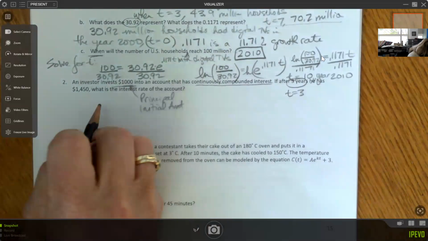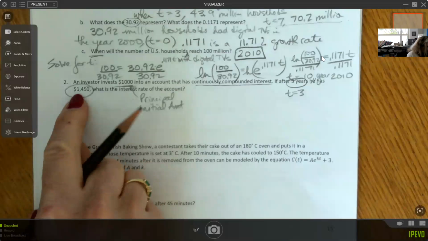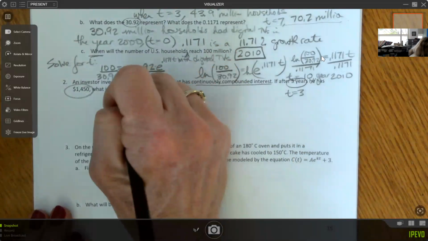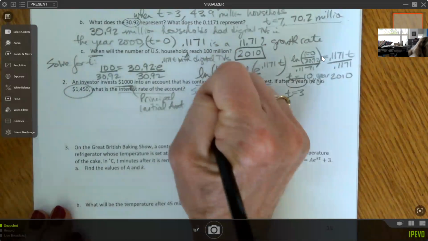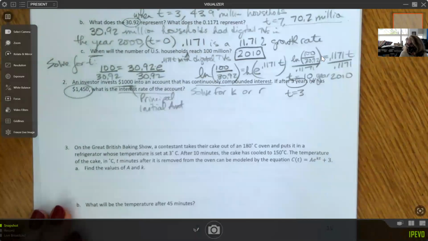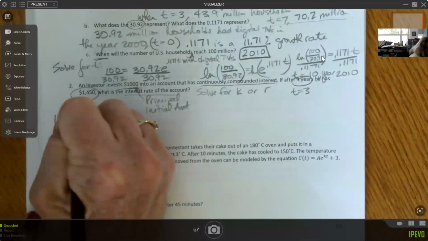And this is what I end up with: after 3 years, I've got 1,450. And so when they want to know what is the interest rate, you could say I'm solving for k or r. Okay, it's the same thing.